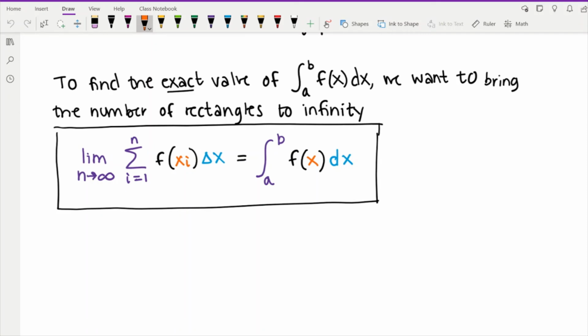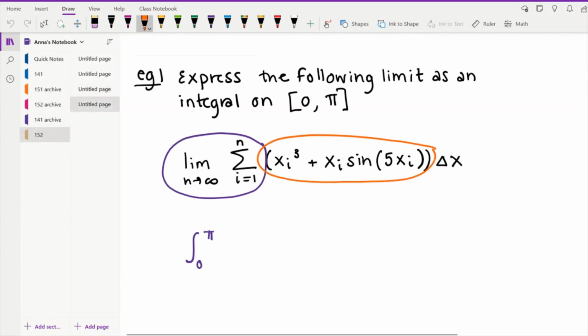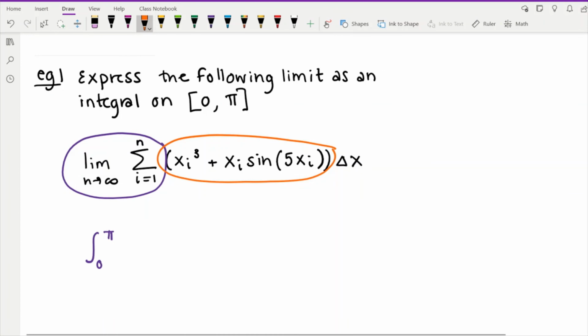So if we're trying to figure out what is the function in our integral, all we have to do is take the function that we see in the limit, and instead of writing xi, just write x. So all of this stuff here tells us directly what our function is. Our function is going to be x cubed plus x times sine of 5x. And that's it.